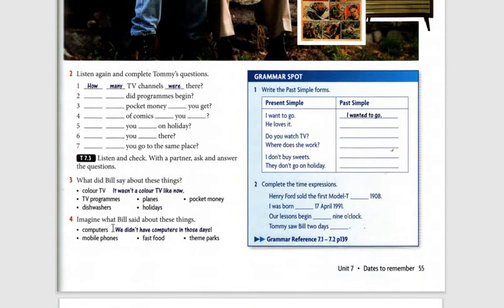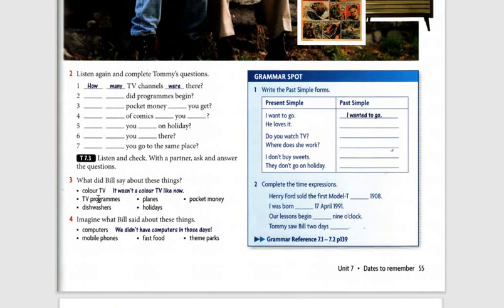So in exercise number 3, what did Bill say about these things, about color TV, about TV programs, and so on? You have to rephrase the sentences and make answers for these points by rephrasing the answers and sentences of the granddad, and try to describe and make the sentences in the past as in the first example.